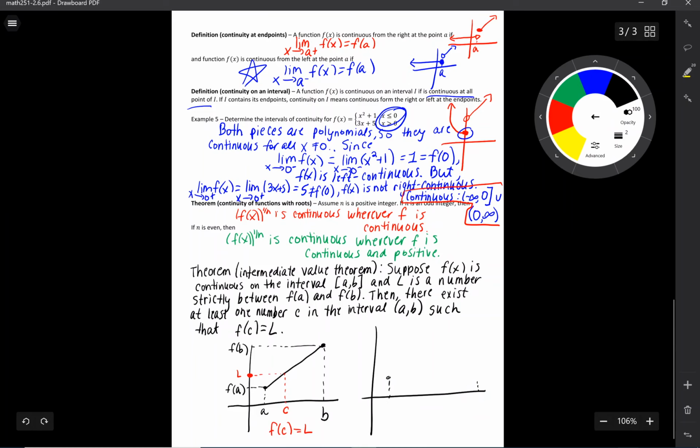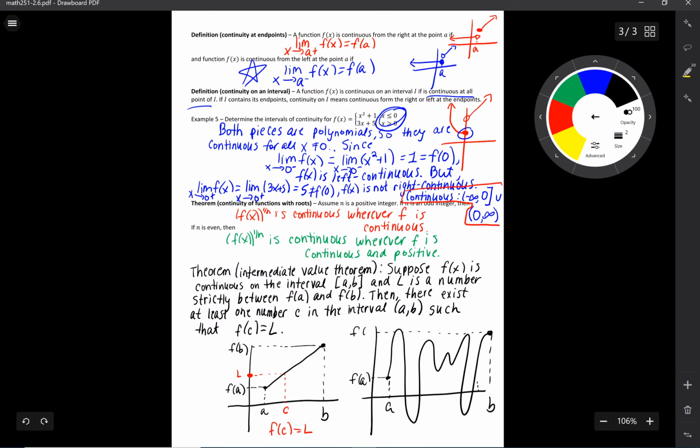Okay, so now we're going to call this B and this A, which makes this f of a and this f of b. So again, I can pick any number strictly between f of a and f of b, and I can guarantee that there is a point between a and b such that f evaluated at that point is this number L.